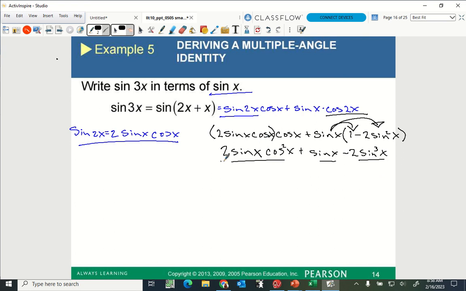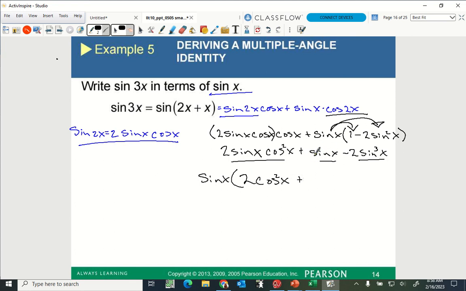Anyway, if they all have the same thing, I could factor that out. So I'm going to take out a sine of x in parentheses. If I take it out of this right here, I still have a 2 cosine squared x, right? Now, plus, I took out a sine, didn't I?